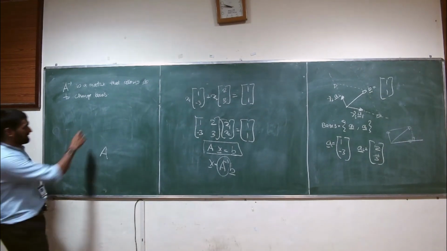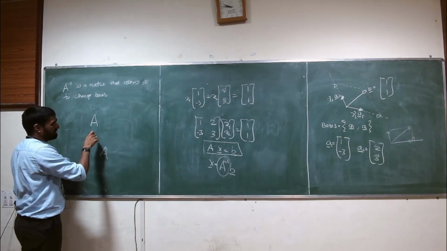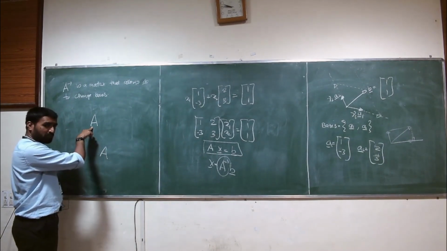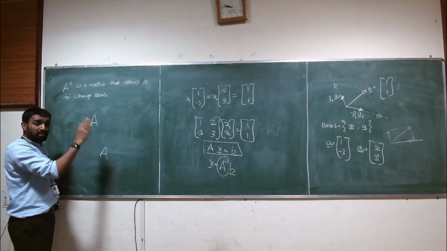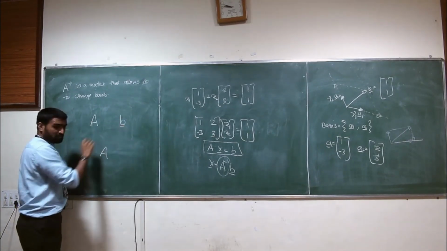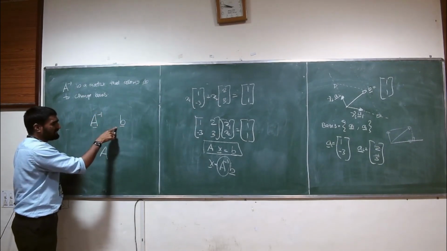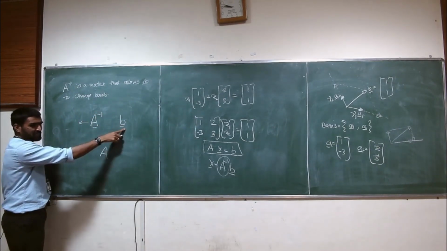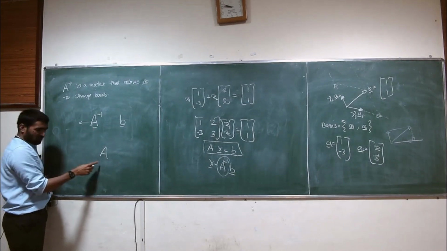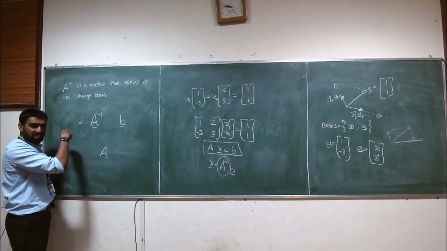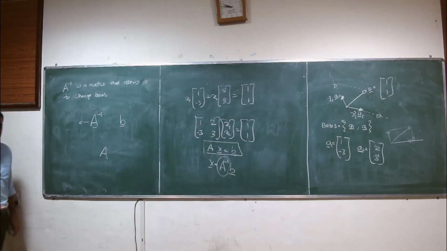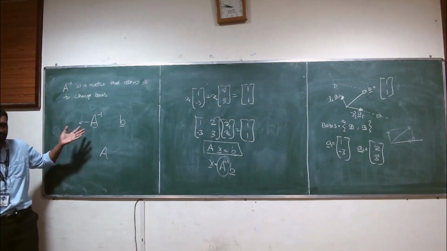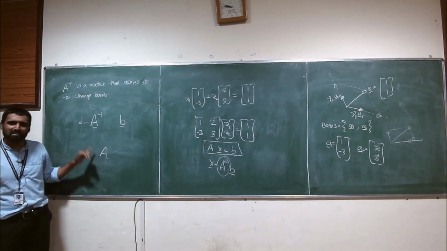You understand the question? You started with A, the columns of A formed the basis for Rn, and the numbers that you had for the columns of A were all in the standard basis. B was in the standard basis. And then we said if you do A inverse B, you get the representation of B in the columns of A. Now I'm asking you, that means A inverse allows me to change basis. Does A allow me to change basis? But see, A inverse is just another representation for some matrix, right?